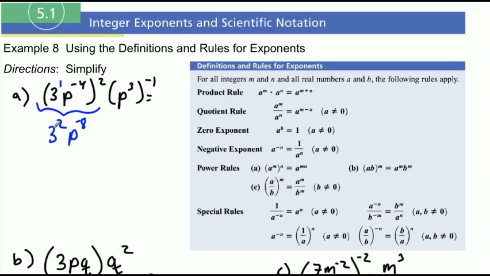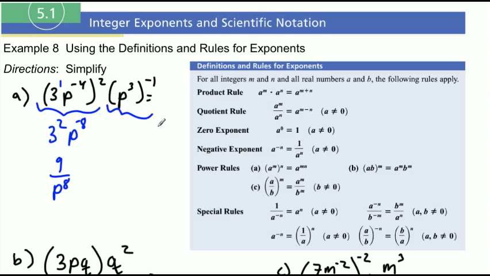Okay, and if I want to simplify this any more, this will then become 3. Actually, let me just make that 9, because 3 squared is 9 all over p to the power of 8. Okay, because I don't want to have any negative exponents. We want to write it as a positive exponent. So this 9 over p to the power of 8 is the most simplified way of doing this guy right here.